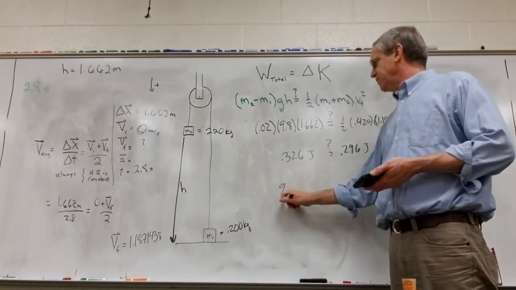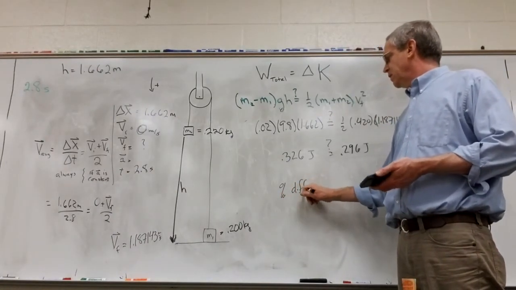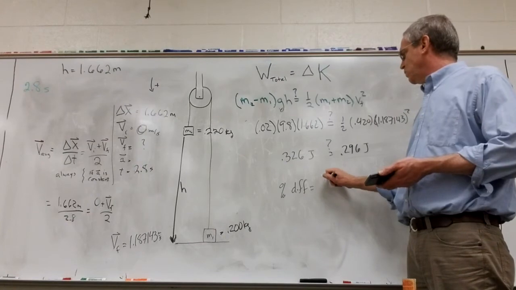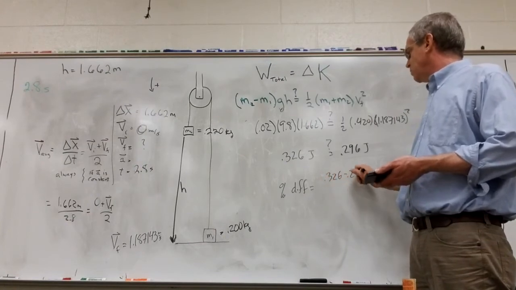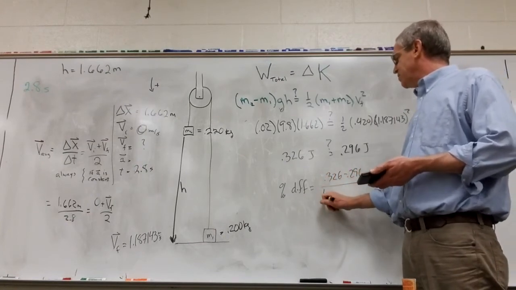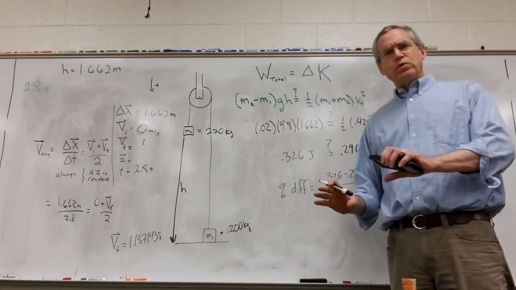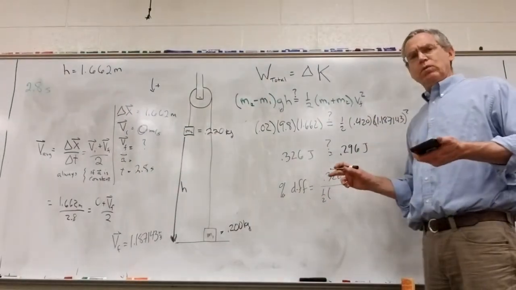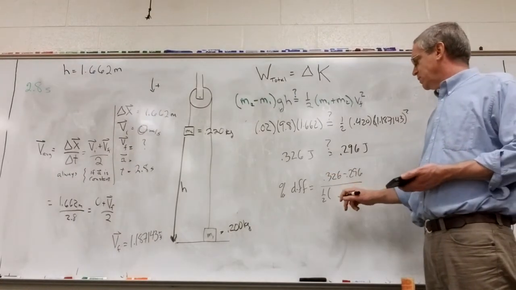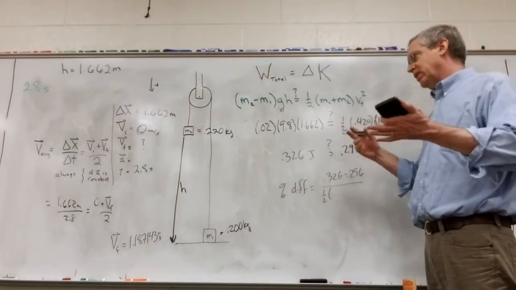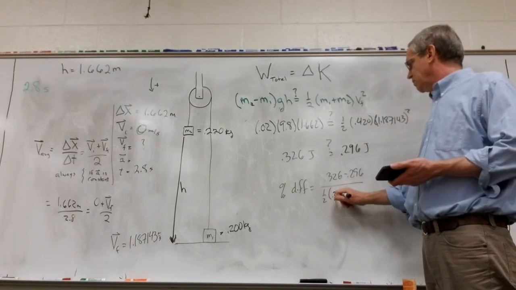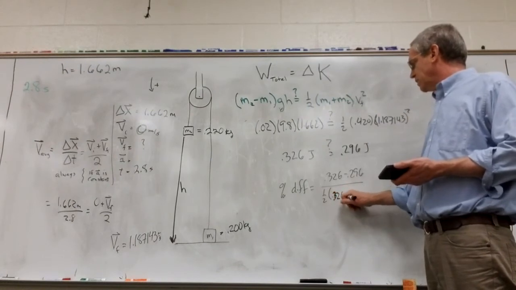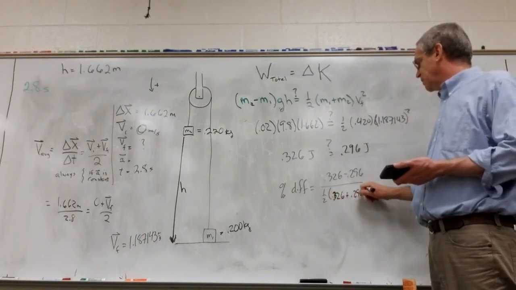So the percent difference is the difference between the two, so 0.326 minus 0.296 divided by the average of the two. Because we don't know which one is actually the correct answer, we have to divide by an average. So we assume that the average value is correct. So 0.326 plus 0.296.